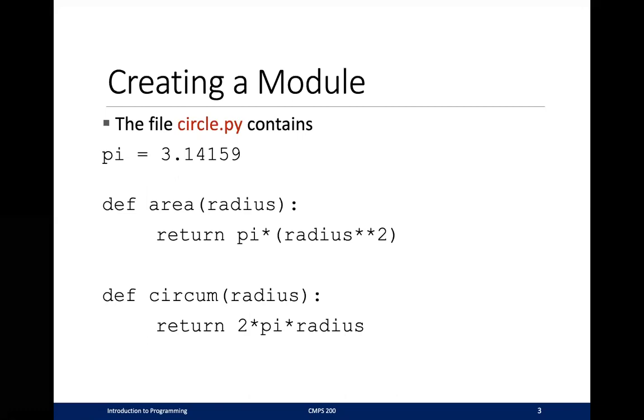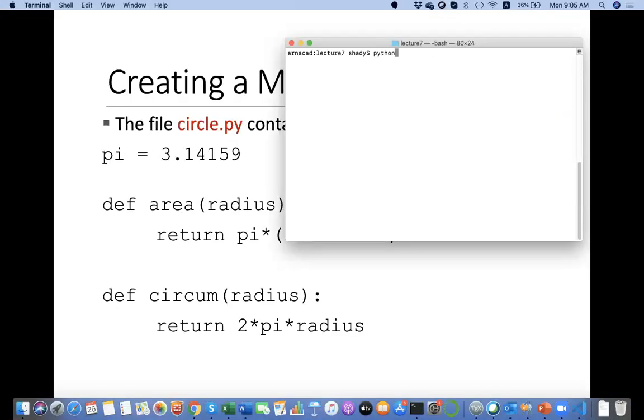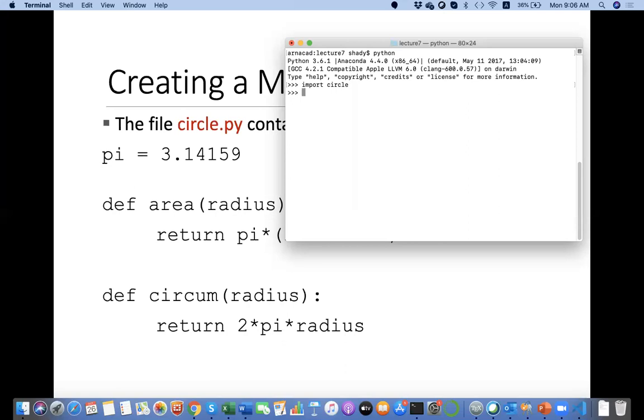So how do I use this module that I've created in other programs? I'm going to show you. I'm going to go to Python and say import circle. So I'm saying import the code of circle as if it's now part of my environment. Once I've said import circle, like I've said import math, I can use circle any way I want. I can say print circle.pi, and it's going to print 3.159.